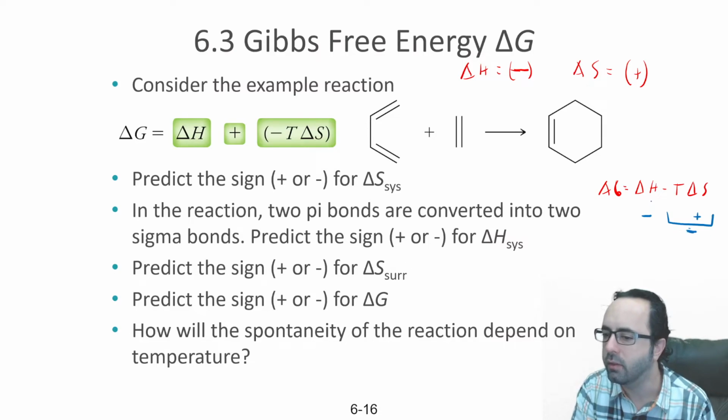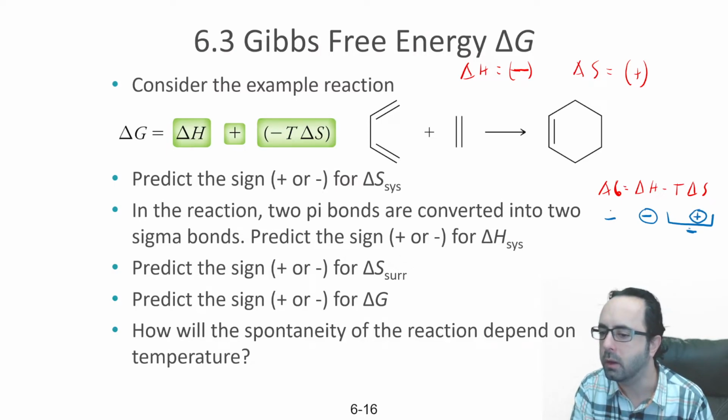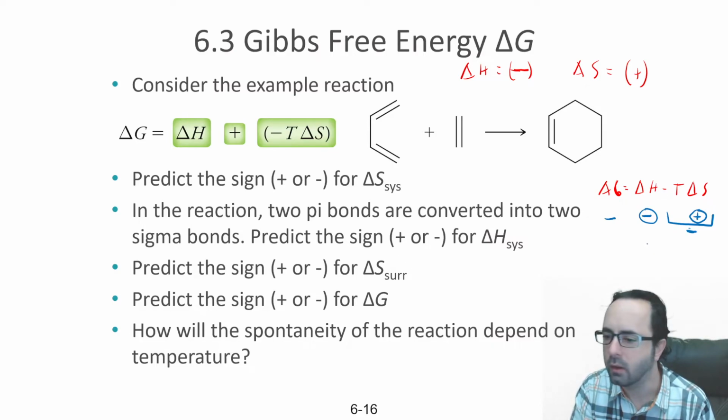And so if delta H is negative and delta S is positive, delta G will be negative. Likewise, if delta H is positive but delta S is negative, that causes this whole second term to be positive. Therefore, delta G will have to be positive.